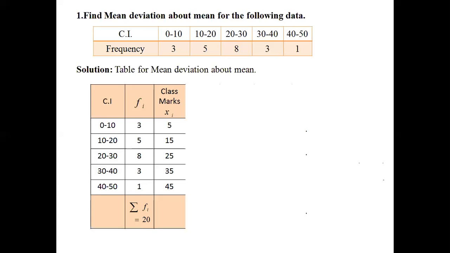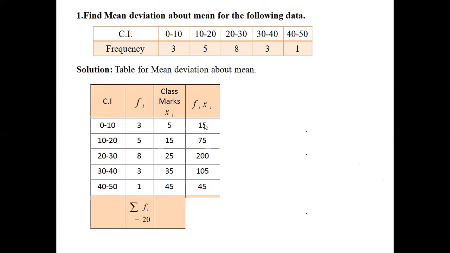The next step is to find fi into xi. Taking the multiplication, 3 into 5 is equal to 15. Then 5 into 15 is 75. Then 8 into 25, which is 200. Then 3 into 35, which is 105, and the last one, 1 into 45, is 45.